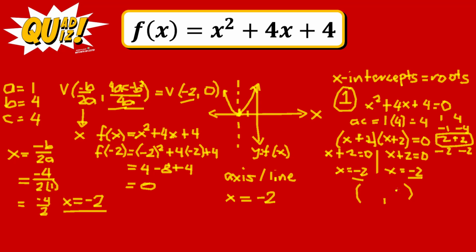X-intercepts are points on the x-axis, hence y is 0, and we simply pick this value, negative 2. So you only have one x-intercept, and that's related to our roots. And further, look at our vertex, because our vertex is the point where our graph and x-intercept intersect. This is also our x-intercept here.